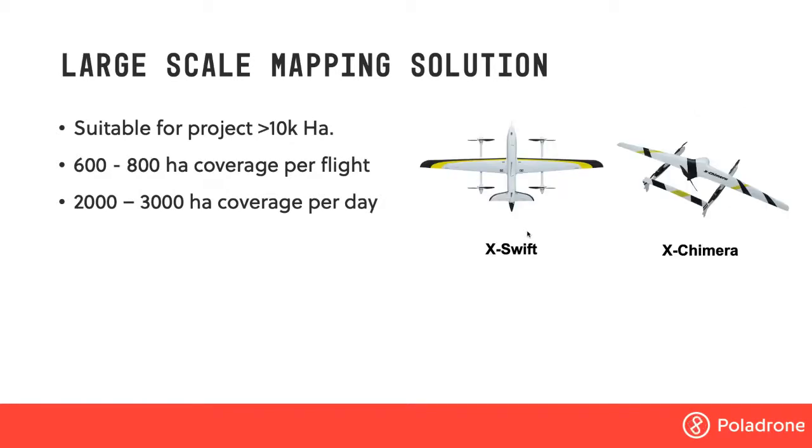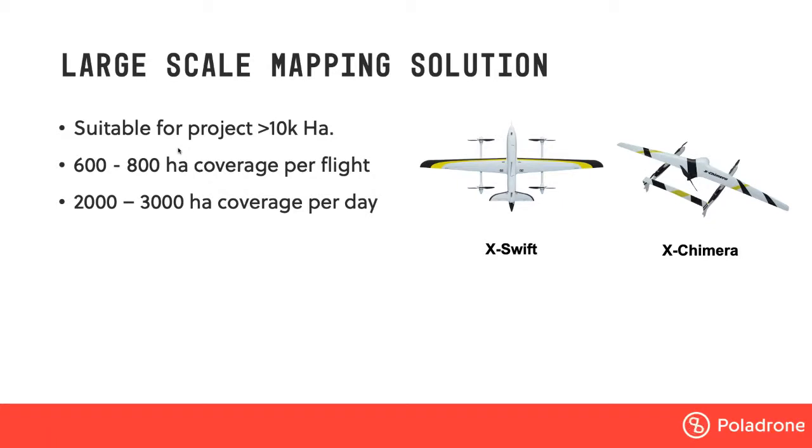The next one we're going to talk about is the large scale mapping solution. For large scale mapping, we are looking at more than 10,000 hectares of land. We're talking about the big oil palm plantations owned by tycoon companies or the big GLC companies.